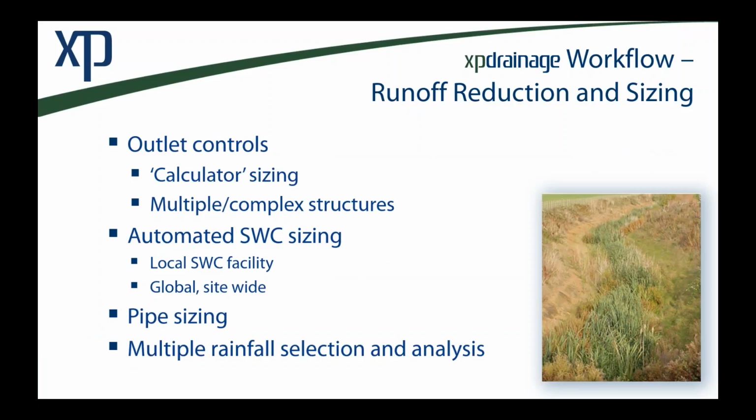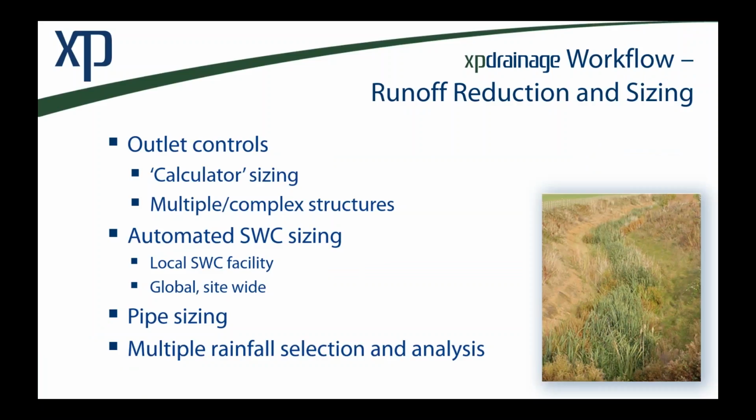So to keep things brief, I could obviously talk for quite a while on this subject, but the items we're going to touch on today: outlet controls, outlet calculator sizing, complex structures, and automated stormwater sizing, so not just the outfall or outlet, but the actual facility itself, local facility sizing, and global site-wide automated sizing.